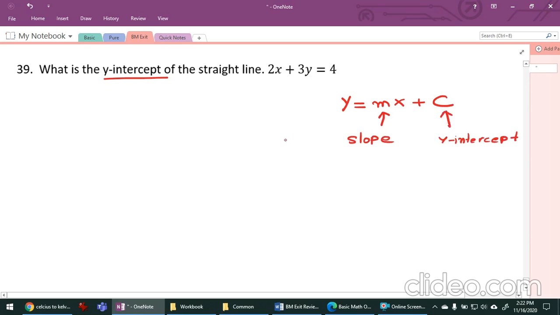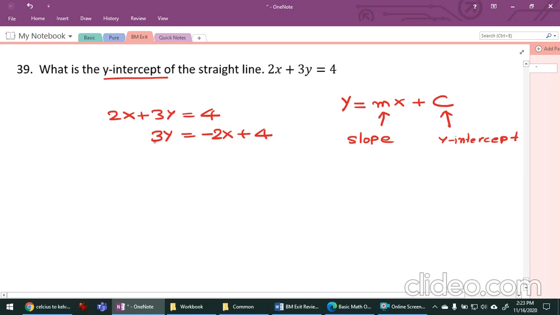So I should write like this. I have 2x plus 3y equal to 4. Only y should be there on the left. So I will write 3y equal to, 2x will go to the other side, it will become minus 2x, then you have plus 4.